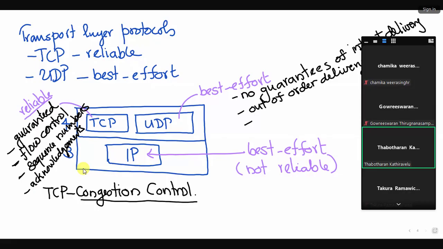So congestion control ensures that all the hosts that are trying to send data over the network will have a fair share of the bandwidth, and not somebody predominantly occupying the bandwidth.